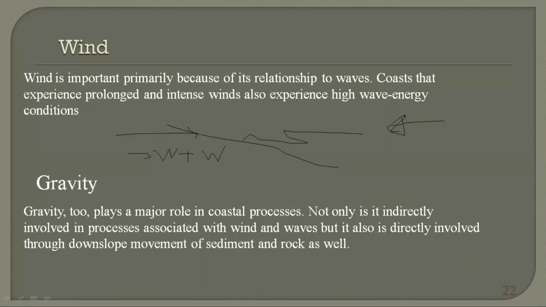And if there are intense winds, it means the conditions are rough. Like you must have heard, sometimes there is a warning in Karachi that people should not go to the coast. That is because there are strong winds, and due to these strong winds, the sea becomes rough.